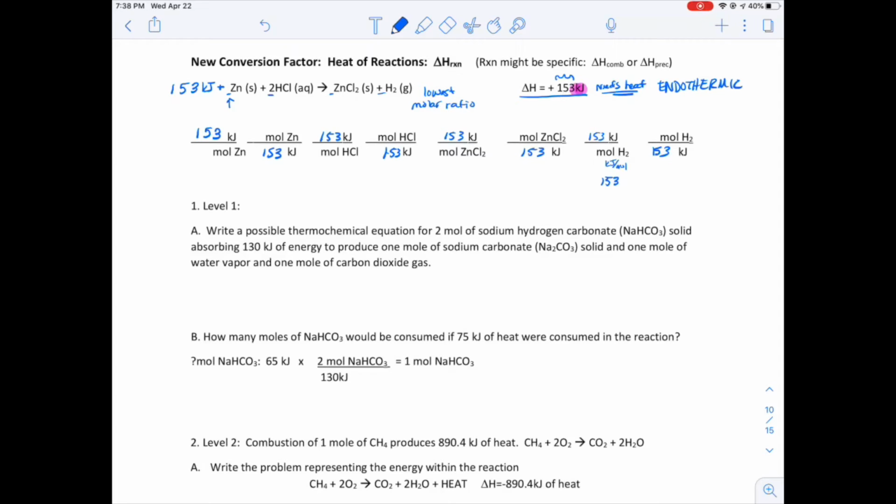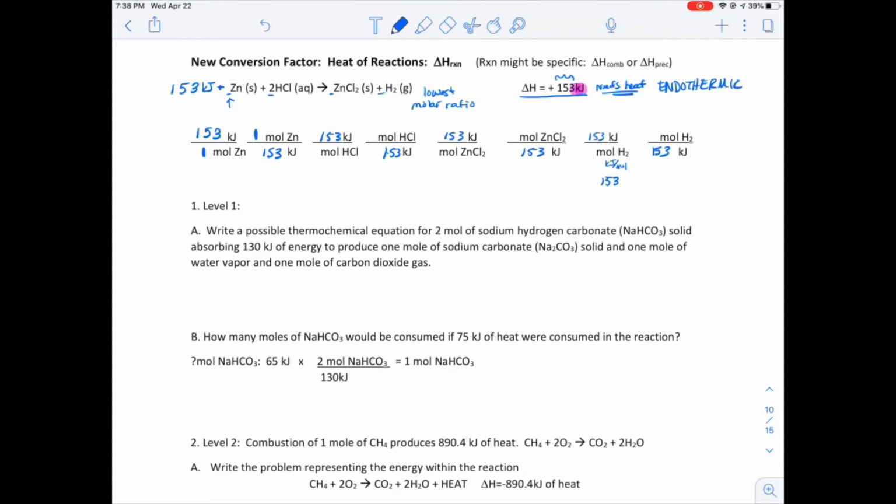This is 153 kilojoules in 1 mole of zinc. Or if you flip it over, in 1 mole of zinc, there are 153 kilojoules. That's the conversion. If you're going to take a certain amount of grams of zinc and figure out how much energy in this reaction it will produce, or rather in this reaction, how much energy it will absorb.